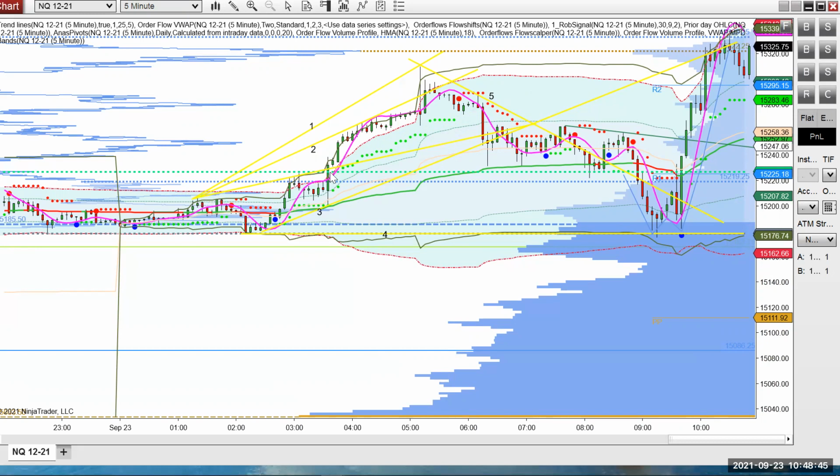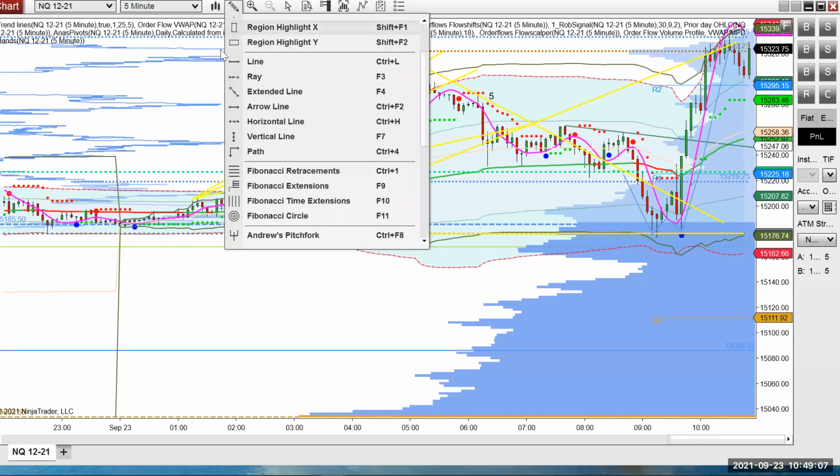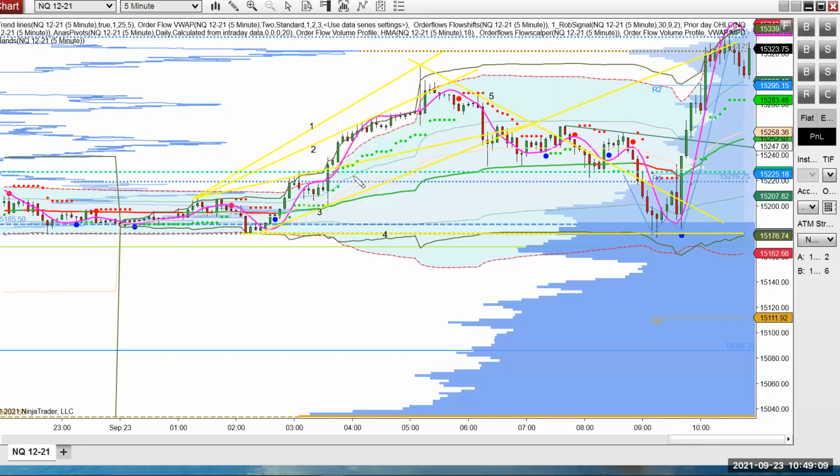Anytime this here is a pullback, if you're awake around that time, this here is the initial pull. You could measure that high to low for Fibonacci retracement, right? So that would have been your target if you were playing that time.